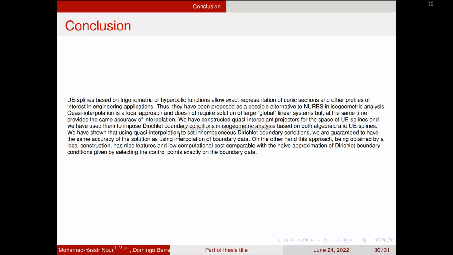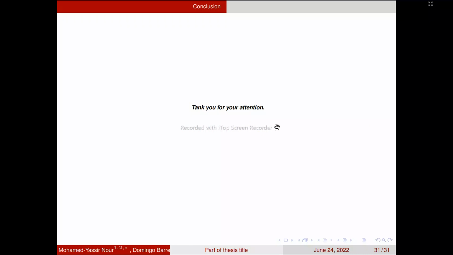And we use it for the construction of quasi-interpolants for solving differential problems with Dirichlet boundary conditions. And as we can show, it gives a good numerical solution. And thank you for your attention.